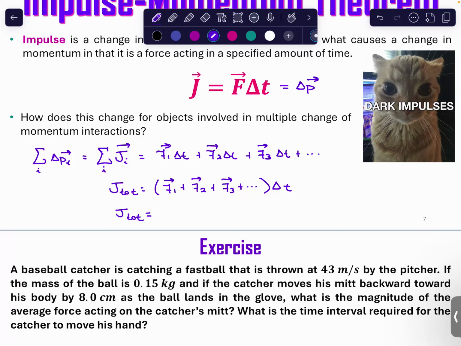Wait, I have a joke. What's the difference between Iron Man and Iron Woman? No idea. One's a superhero and one's a command. Oh my gosh. Not touching that one.